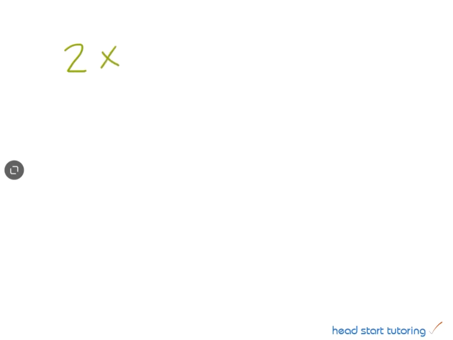Two times 12 gives you an answer of 24. So we know that both 2 and 12 are therefore factors of 24. We also know that 24 is therefore a multiple of both 12 and 2.